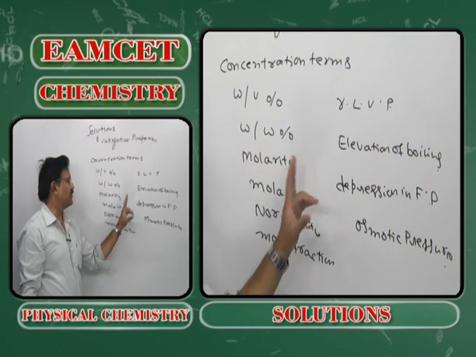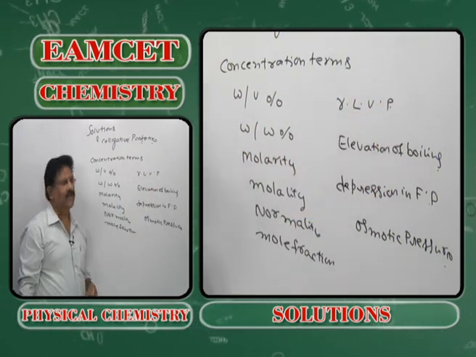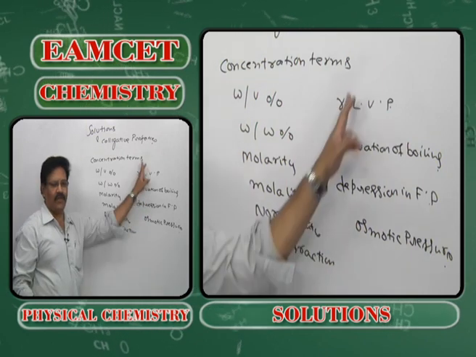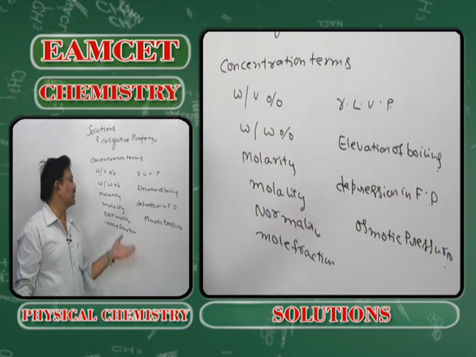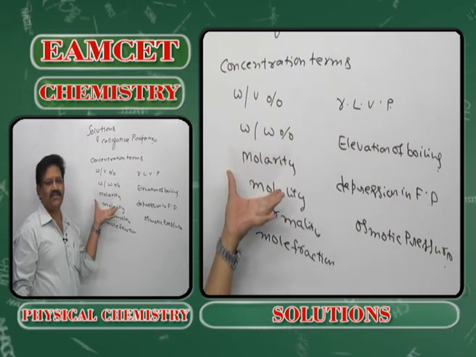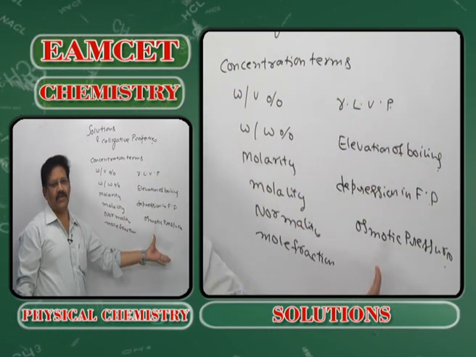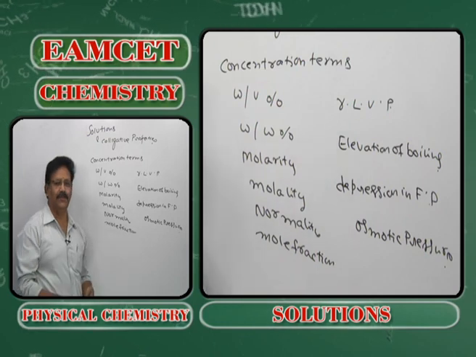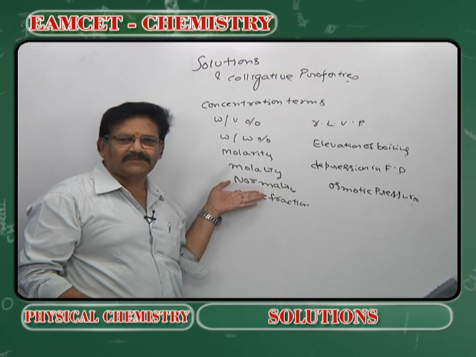Now we shall give more emphasis on the colligative properties today. Why? Because discussion about these concentration terms will be mixed with the colligative properties. After all, colligative properties are based on the concentration terms only.